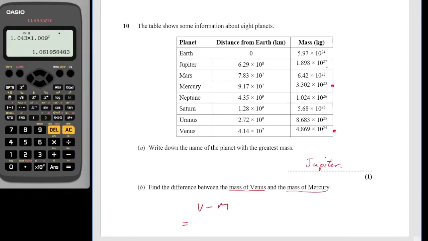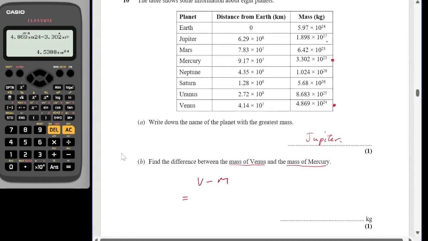So the mass of Venus is, and I can use standard form on my calculator, so 4.869 standard form 24, and from that I want to subtract 3.302 standard form 23.